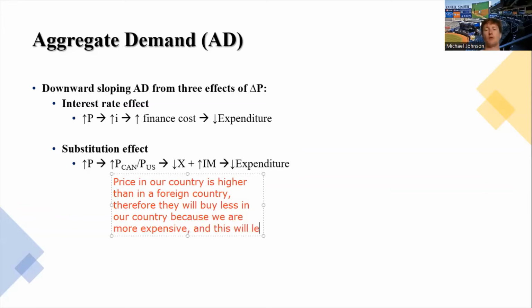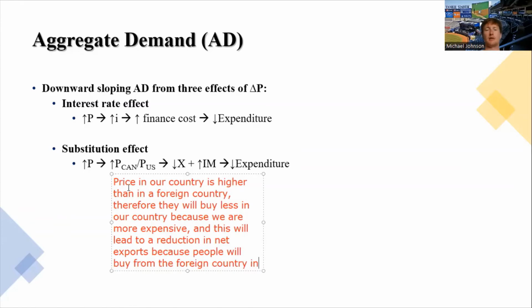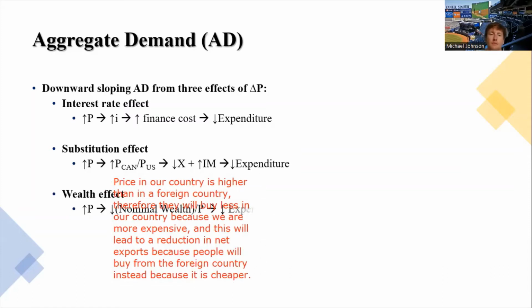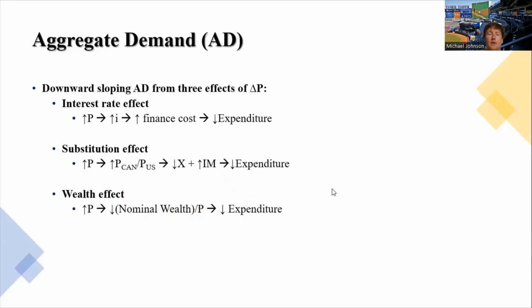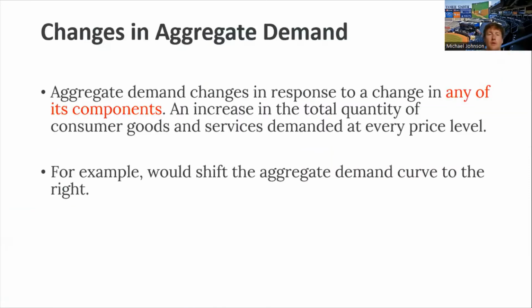And this will lead to a reduction in net exports because people will buy from the foreign country instead because it's cheaper. And then wealth effect: price goes up, nominal wealth goes down, and then expenditure goes down.